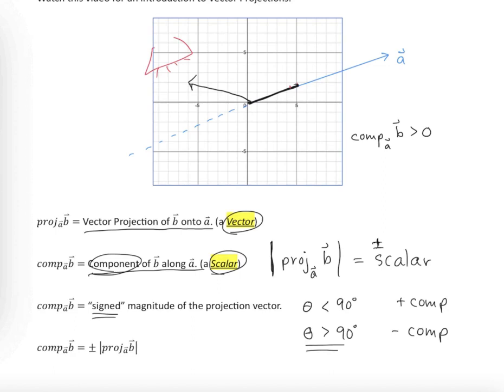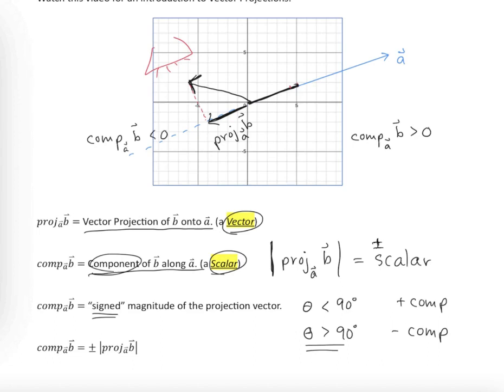We're going to be projecting onto the floor of A. We're still going to be dropping a perpendicular down, but the projection vector this time is going to be headed in the opposite direction of A. This is still the projection of B onto A, but since it's in the direction that's opposite A, we would end up with a component of B onto A that is a negative quantity.